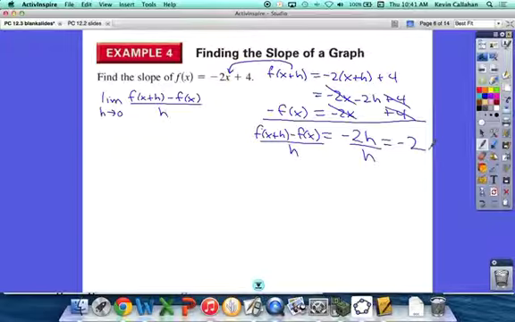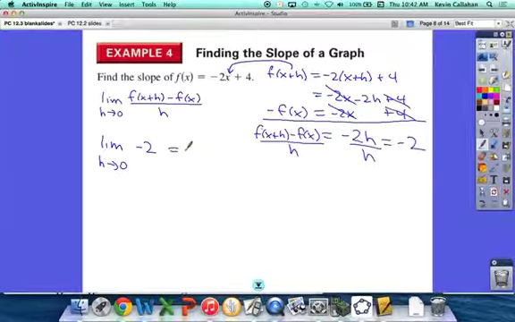So we're not done yet. Now we're going to go back here and say the limit as h approaches 0 of negative 2. And that was one of our properties of limits. What is the limit of a constant, or the limit of a constant function? It's the constant.